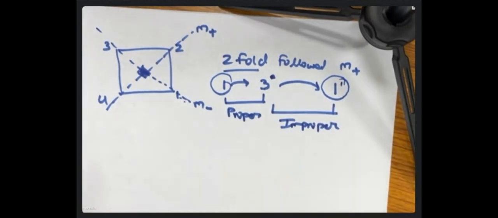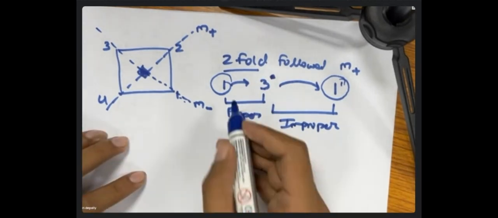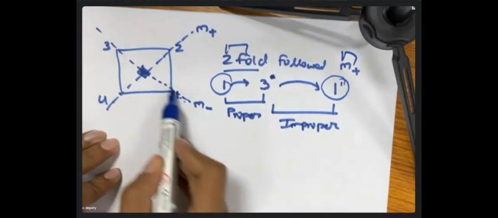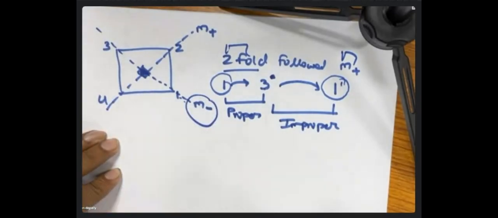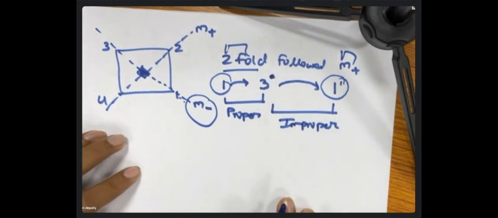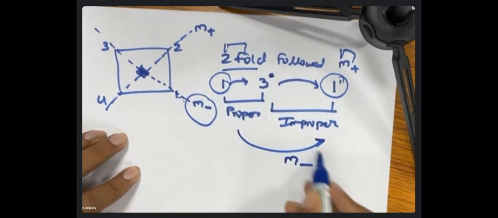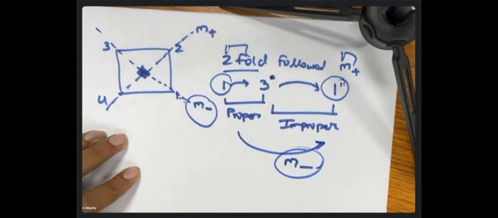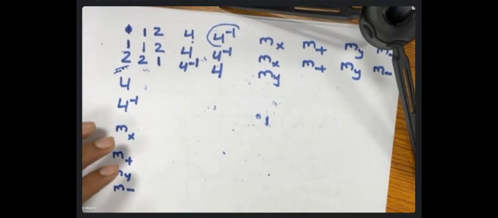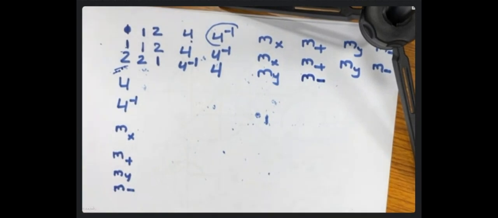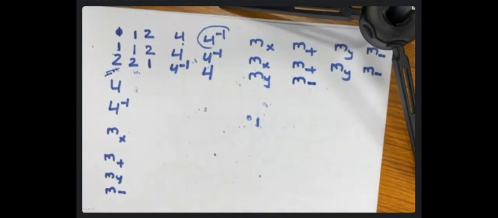The handedness has changed, which can directly be accomplished instead of going through the twofold and m plus. If I just apply the m minus, the handedness of 1 will change. So this entire thing will be accomplished by the m minus, and we can write our answer over here that it will transform to the m minus.